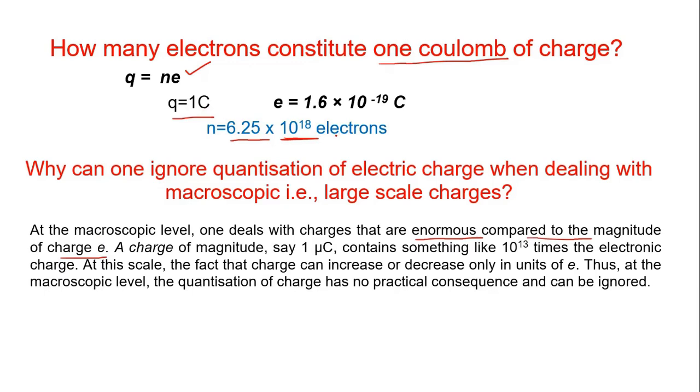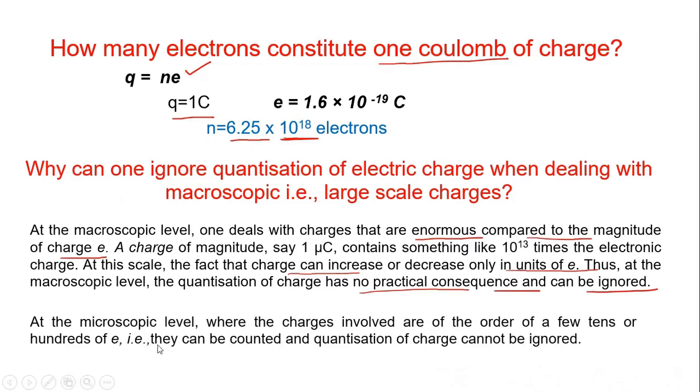It is such a huge number that the charges can increase or decrease only in units of E, so at macroscopic level the quantization has no practical consequences and can be ignored. Automatically it becomes continuous.